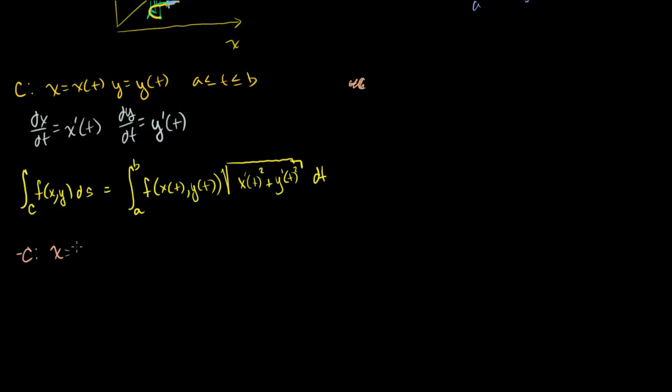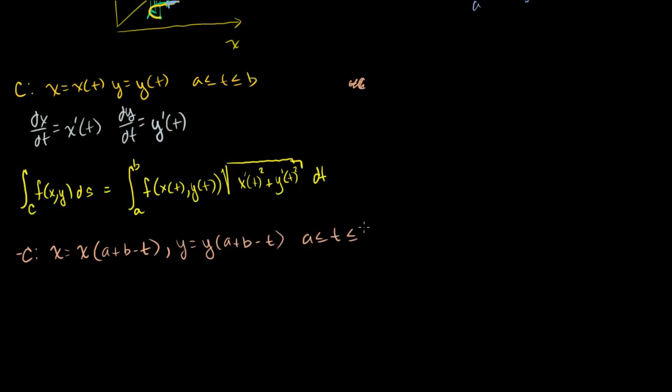Sorry, x doesn't equal a plus b minus t. x is equal to x of a plus b minus t. Got ahead of myself. y is equal to y of a plus b minus t. And then t goes from a to b.